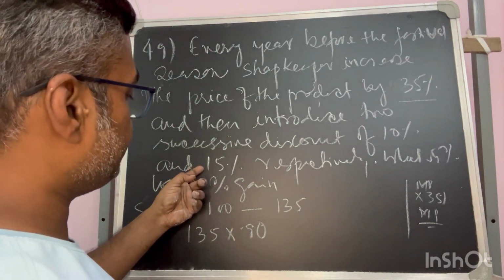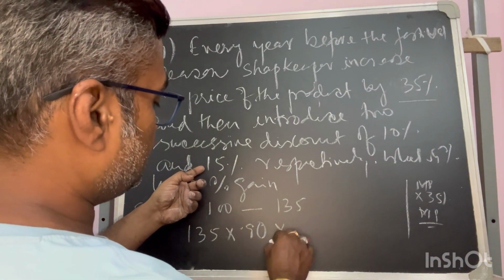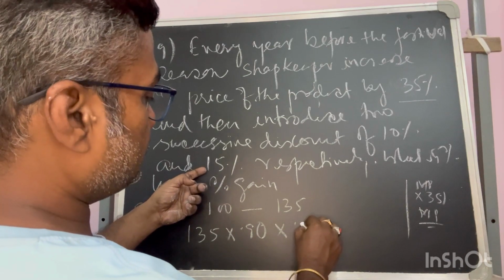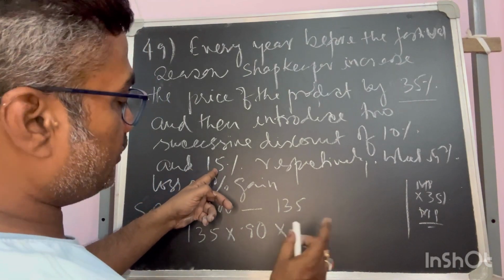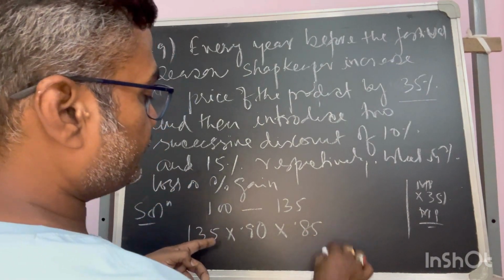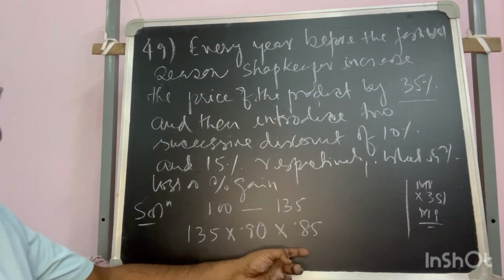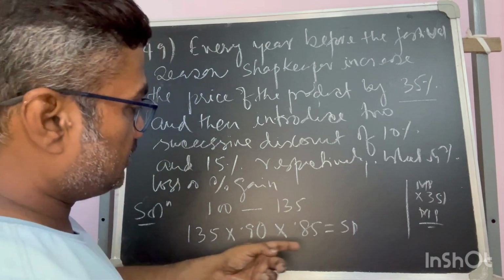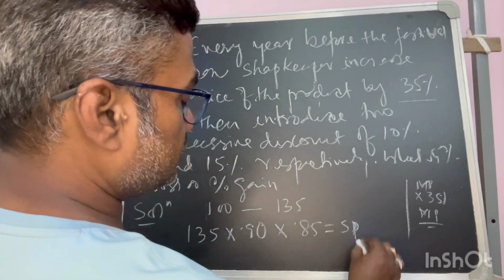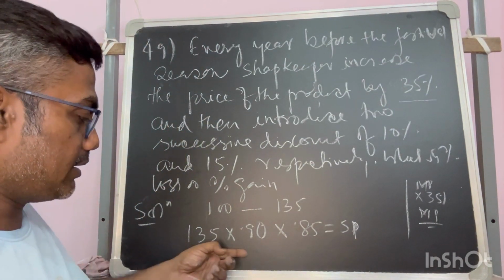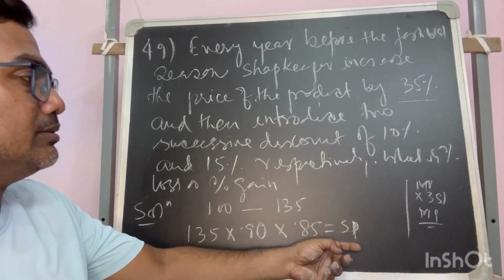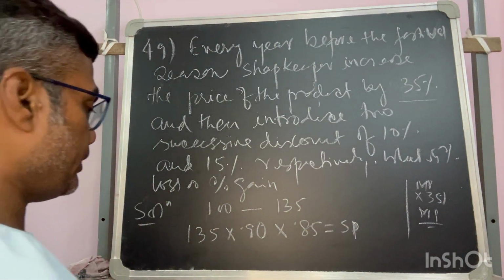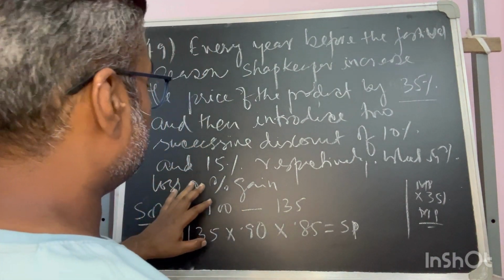Then he is giving another discount on this price, that is reducing by 0.15, which means that value will become 0.85. This will be the final selling price, because after the discount he will sell now. Whatever price I get by calculating this, I will get the selling price. Fine, so this is the one case.